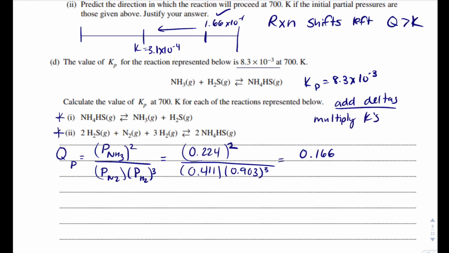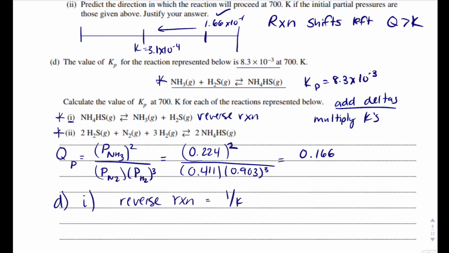Let's look at reaction number 1 here. That looks an awful lot like the reaction that they gave us, but it's just the reverse reaction. So on D part 1, I'm going to take the reverse reaction, which is going to be 1 over K, or the reciprocal. So I'm going to take 1 divided by 8.33 times 10 to the minus third, and that's going to give me 1.20 times 10 to the minus second.